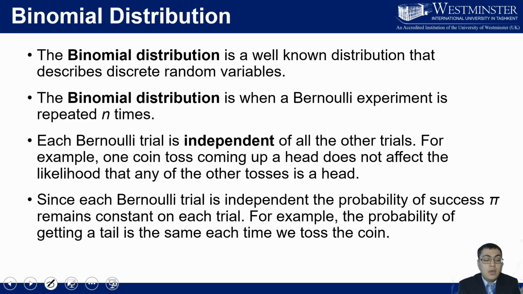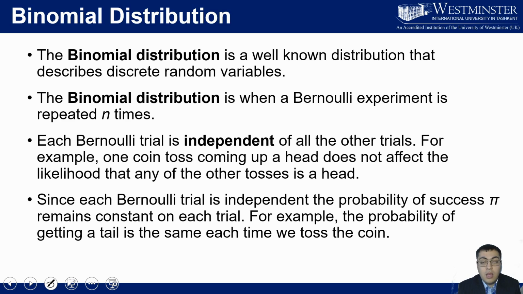The final distribution that we're going to be looking at this week is known as the binomial distribution. A binomial distribution arises when you look at a Bernoulli experiment and you keep repeating it some number of times. One other thing to note is that each Bernoulli experiment or trial must be independent of all the other trials.